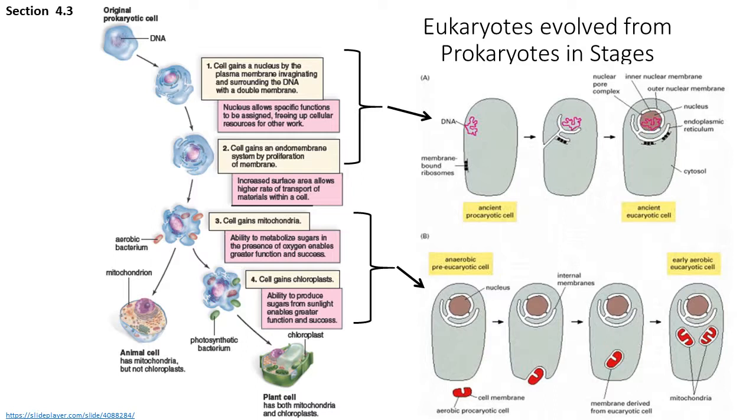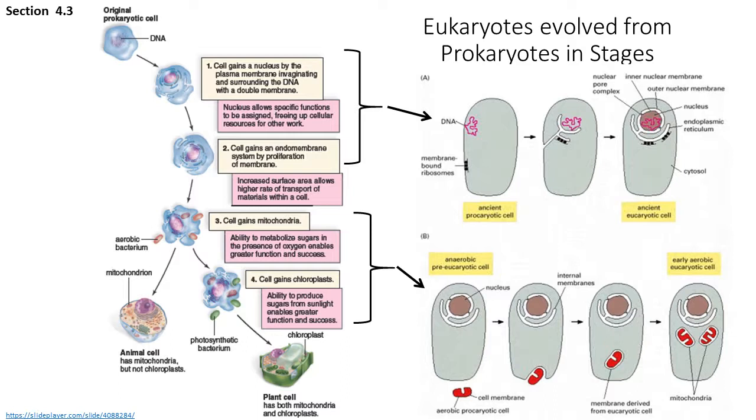What this is, it would be similar to this ancestral cell with just the nucleus using pseudopodia to take in and internalize an aerobic bacterium like mitochondria. Aerobic meaning it requires oxygen.